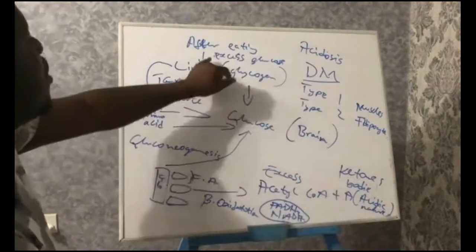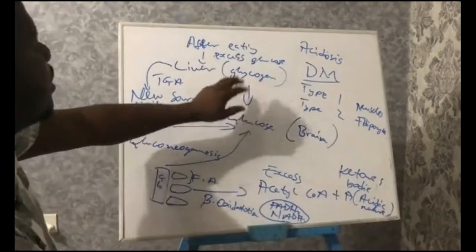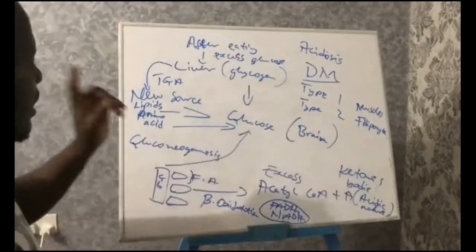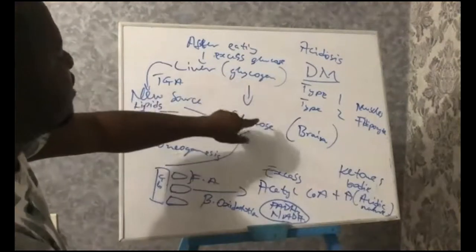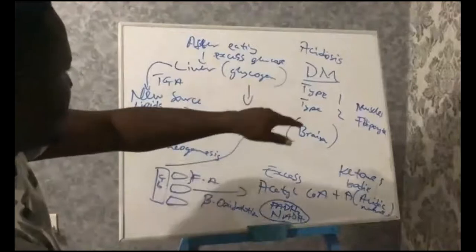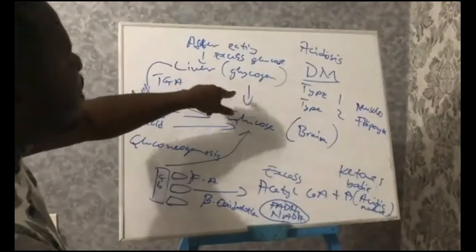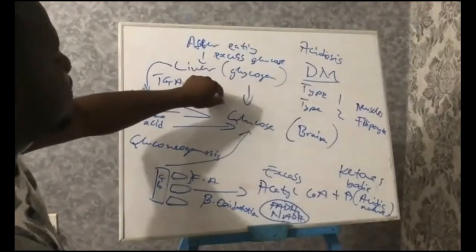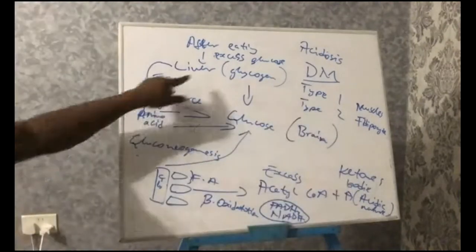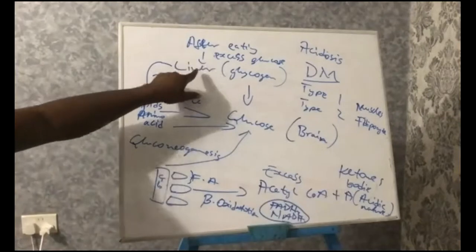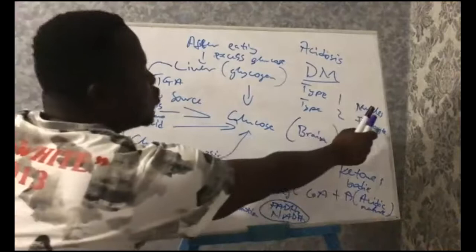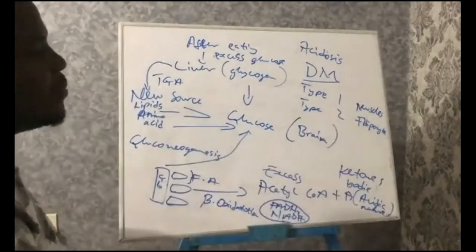So basically what is going to happen is that when you finish eating in diabetes, now listen, I'm explaining diabetes. When you finish eating, the brain will make use of its own glucose. After the brain has made good use of its own glucose, even though the liver will store some as glycogen, the chunk of the glucose in the blood would have to be used by the adipose tissue. Remember we said that excess glucose will be used to form triglycerides. That is where the adipose tissue will come in.